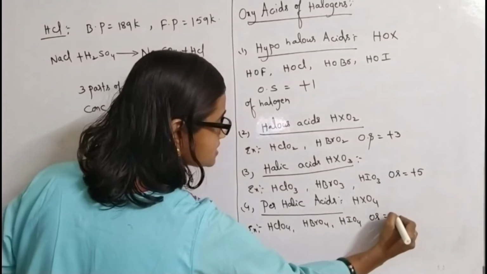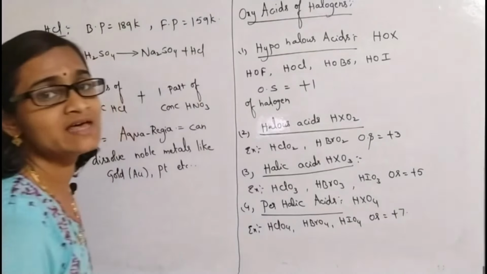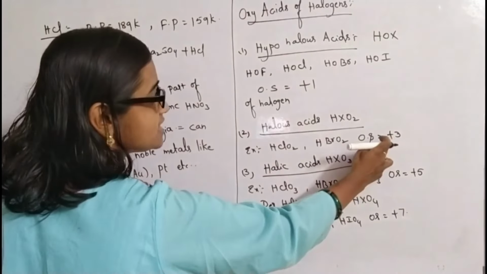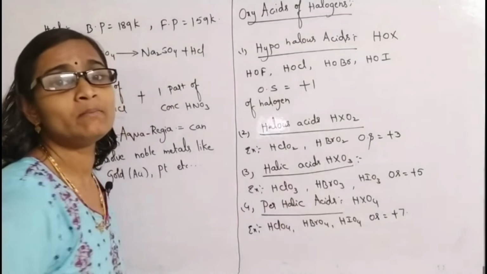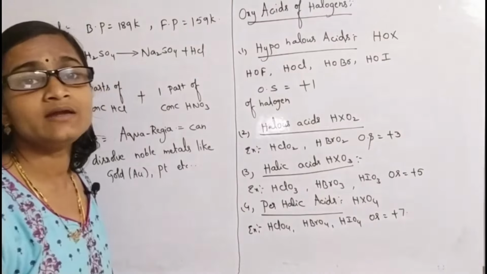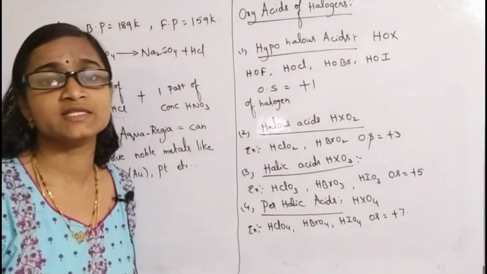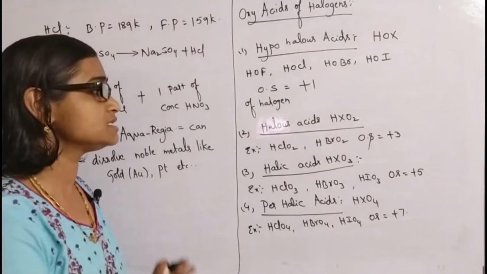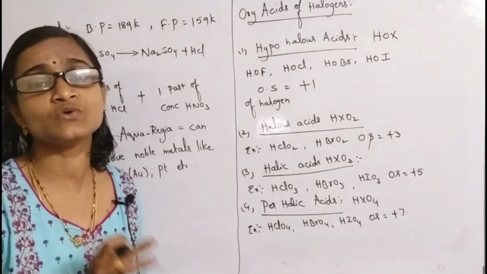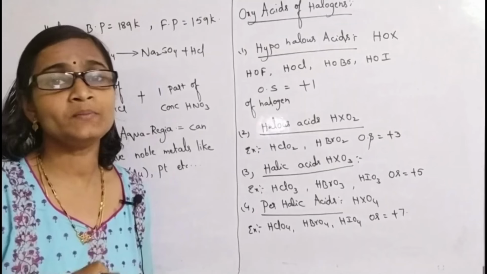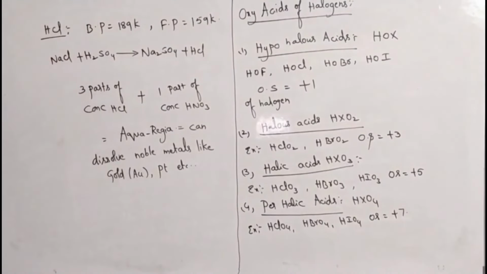Here you will find the oxidation state to be +7. As I already told you, halogens can exhibit oxidation states of +3, +5 and +7. So you have different types of oxyacids of halogens. These are the areas to focus on in 7A group elements. This is about halogens.